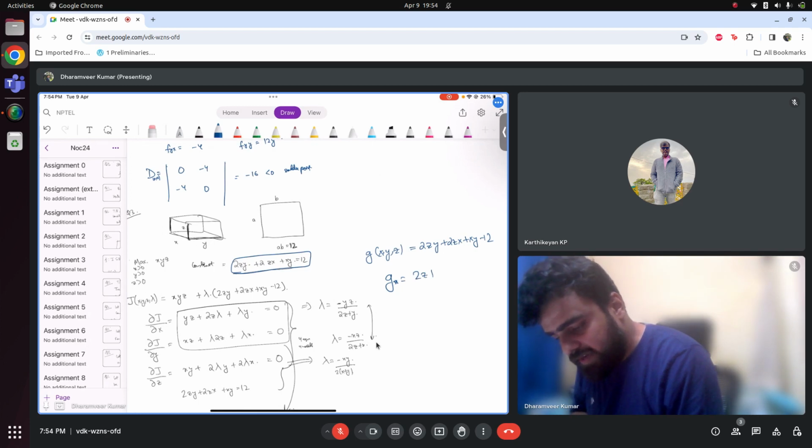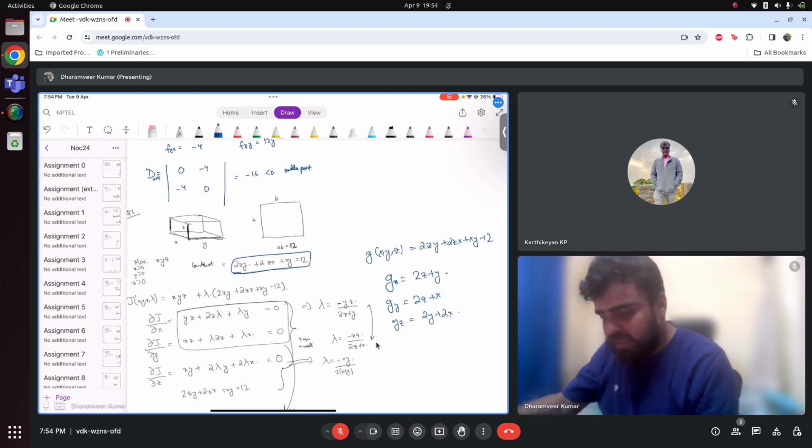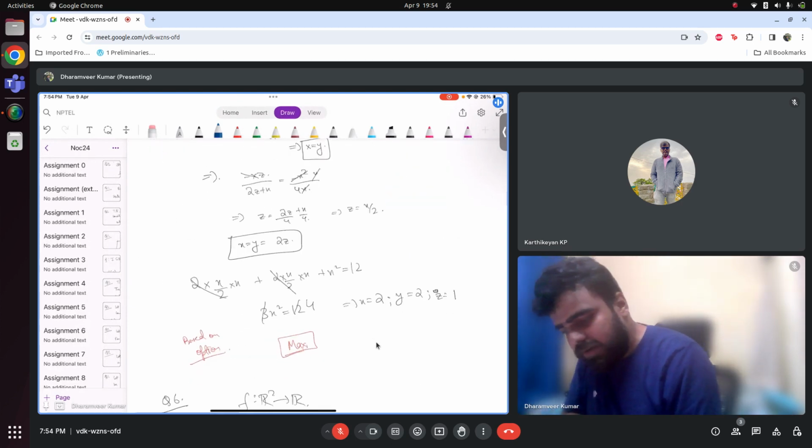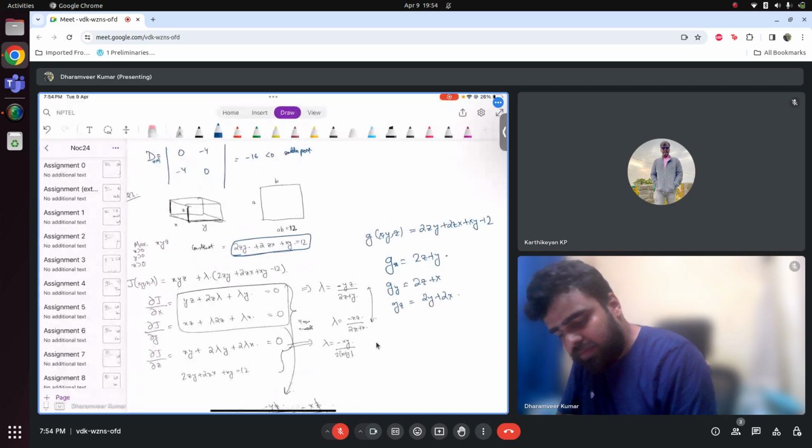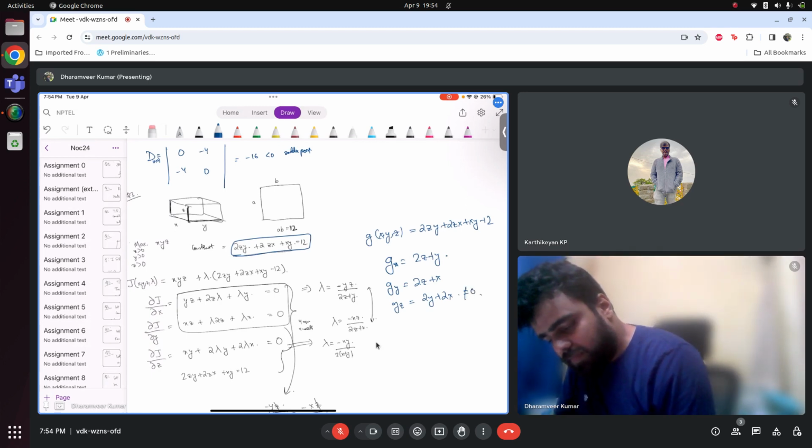What is gy? 2z plus x. And what is gz? 2y plus 2x. Substitute these values, x equal to 2 and y equal to 2. Okay? This is non-zero. That implies grad g is non-zero at (2, 2, 1). Right? I think that was the case.